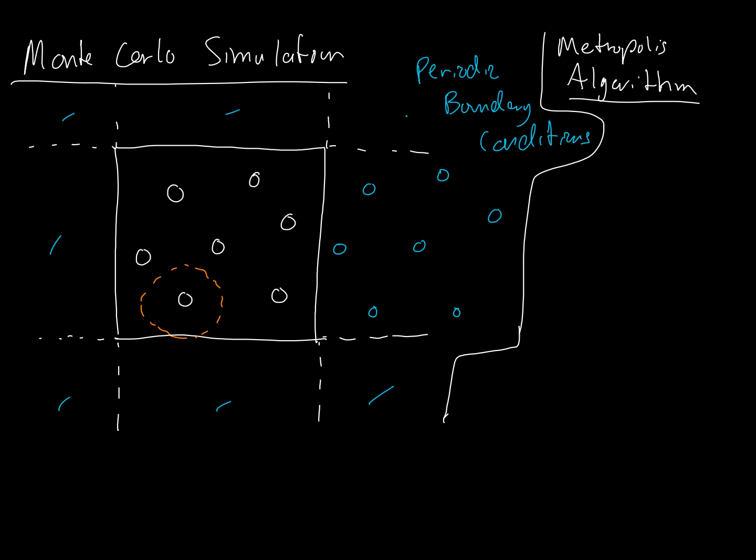So your first order of action in a Monte Carlo simulation, I call it step 0, is to calculate the initial energy, in this case predominantly U_C, the configurational energy of the system. We're going to call this E of n.